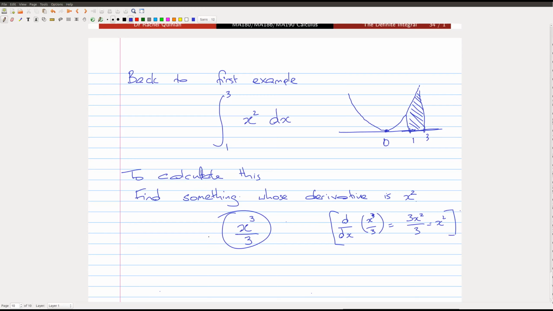And then the next step is plug in the values at 3 and at 1 and subtract. So our expression whose derivative is x squared is x cubed over 3. Subtract the value of this thing at 1 from the value at 3.